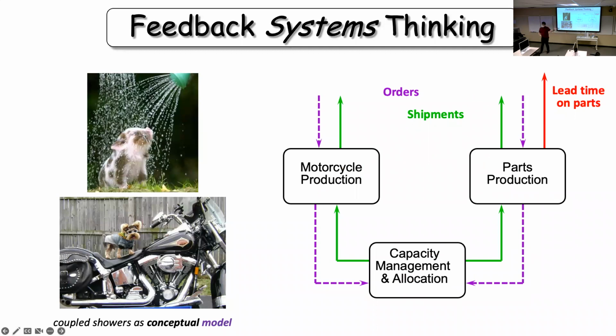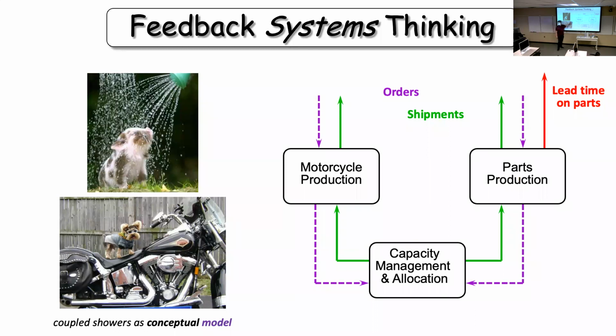I think when Morecroft was a consultant for Harley-Davidson or a similar company, they were trying to understand these boom and bust cycles they were getting, where customers would sometimes get parts immediately, but other times have to wait for weeks. It was almost unpredictable whether the parts would come quickly or take a long time.